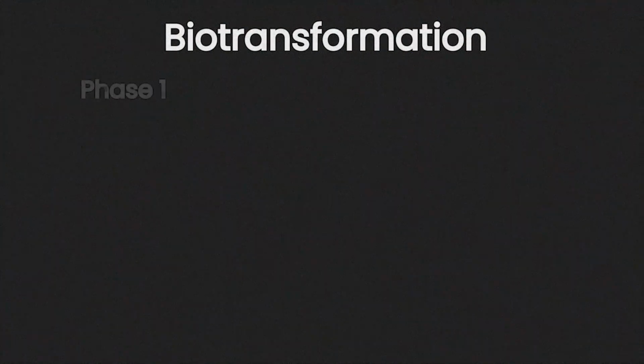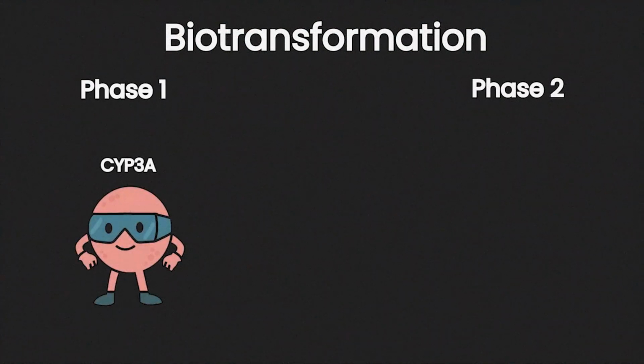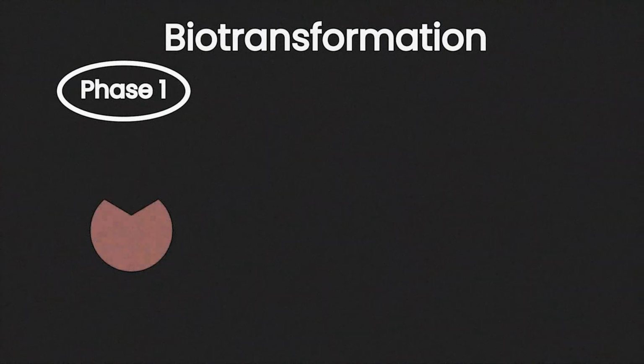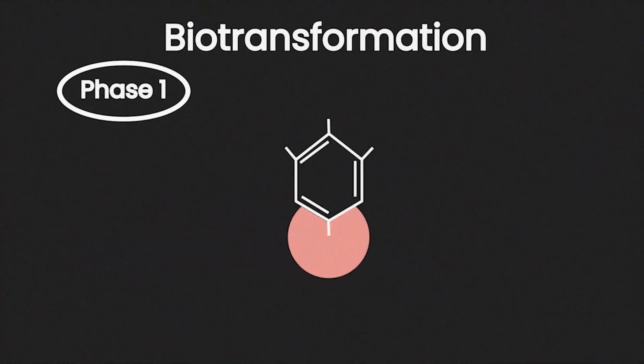Biotransformation happens in two stages, phase 1 and phase 2 reactions. The CYP450 superfamily enzymes, including CYP3A, are responsible for phase 1 reactions. These involve chemical processes to introduce or expose reactive groups on the drug molecule.